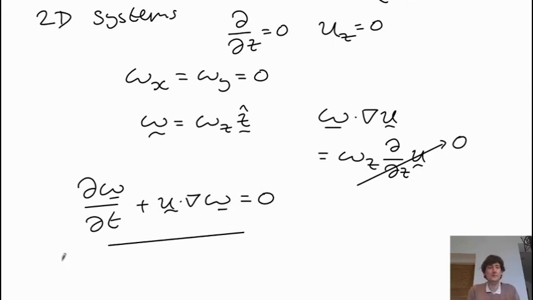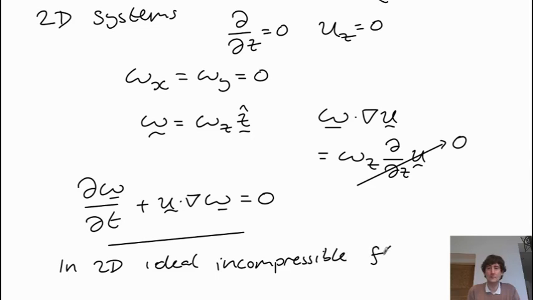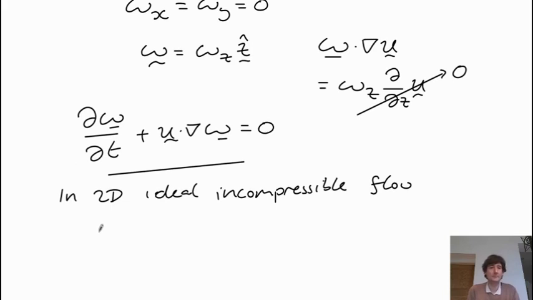So this is in 2D, ideal incompressible flow. The vorticity is constant along the flow. And this, in some ways, justifies the choices that led to the Bernoulli equation.